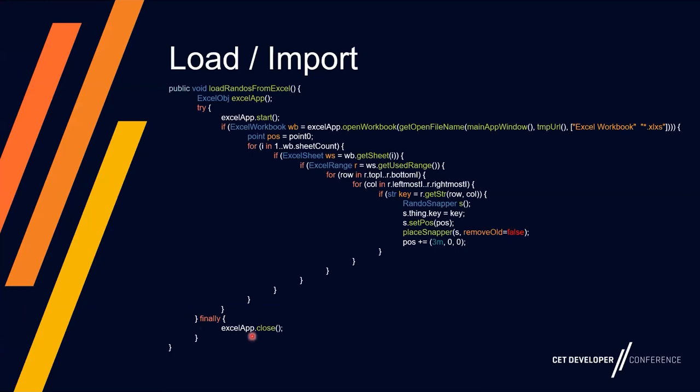Something else, notice the try finally, make sure you're always closing this. And I think the only exception, where you would not be specifically closing your Excel app, is when you actually start it and make it visible for the user to deal with. That is something that I have done. I've taken both approaches where we'll just export or read.